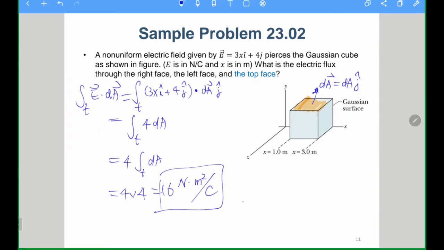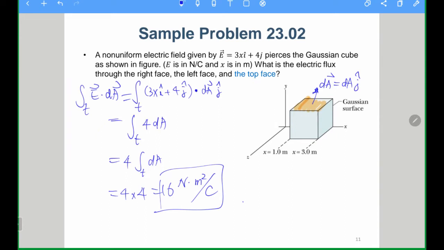Okay, so these three questions, A, B, C, are similar, but I hope you can understand. This is a simple example to show the idea of calculating a simple surface integral.